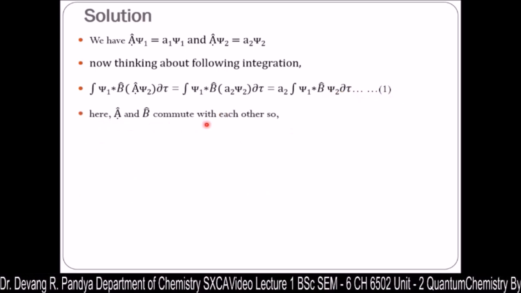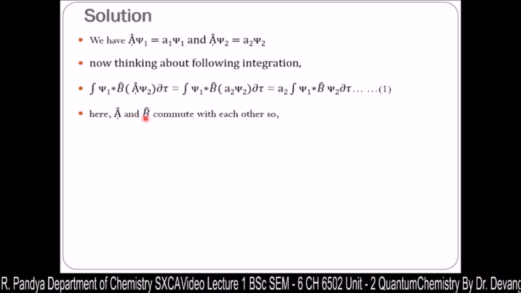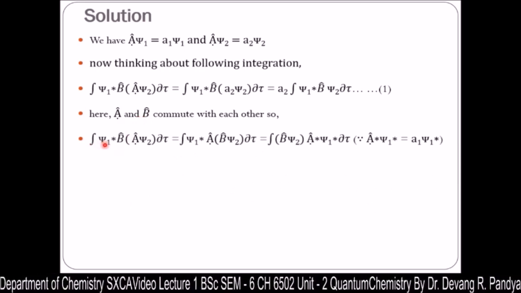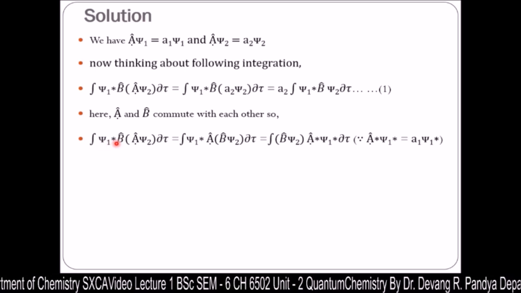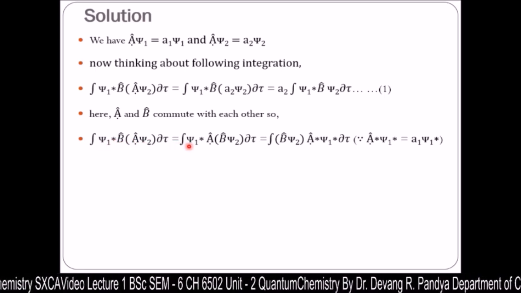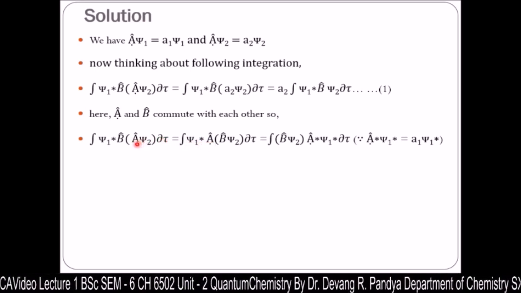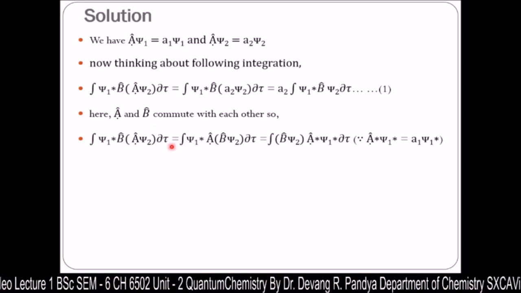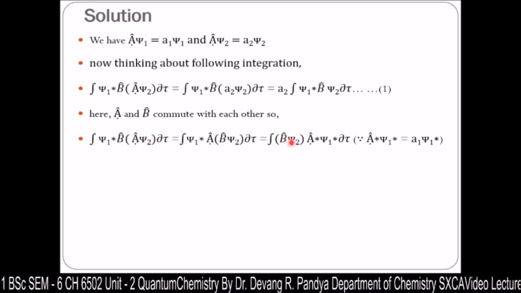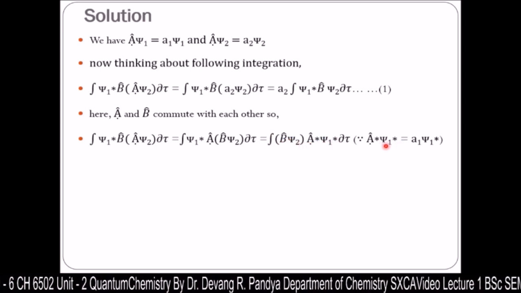That is equation number 1. Here A and B commute with each other, so we need to apply the commutation condition of A and B, and therefore integration psi 1 star B A psi 2 d tau is equal to integration psi 1 star A kept outside, B kept inside, Hermitian operation, B psi 2 d tau is equal to integration B psi 2 A star psi 1 star d tau.